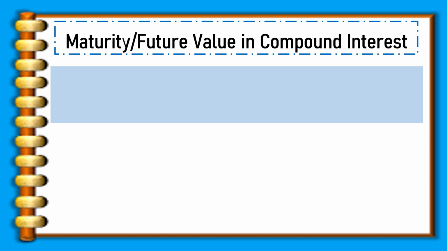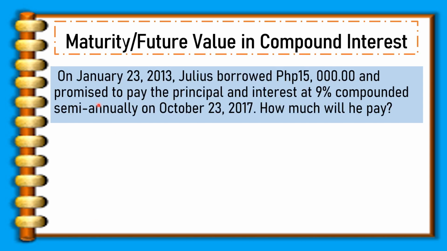Okay, another problem. On January 23, 2013, Julius borrowed 15,000 pesos and promised to pay the principal and interest at 9% compounded semi-annually on October 23, 2017. How much will he pay? So first, list down all the given.